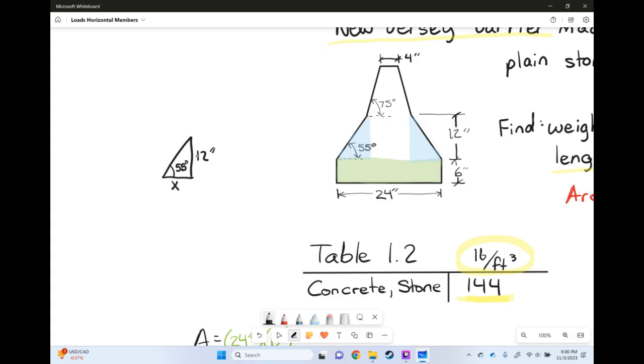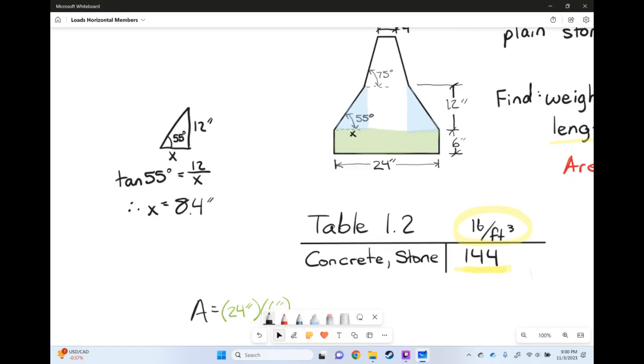If I want to find X, which we can just draw right there, I know that the tangent of 55 degrees is equal to the opposite, which is 12, over the adjacent, which is X. So X is equal to 8.4 inches.